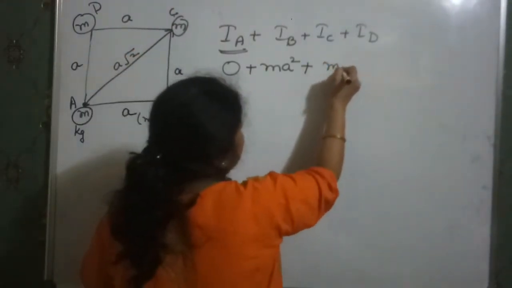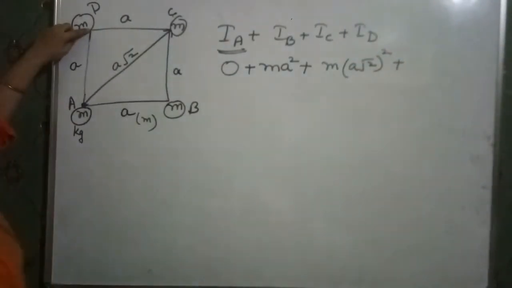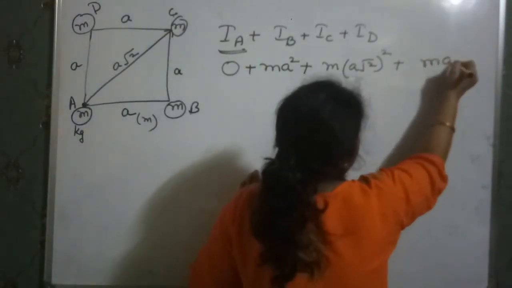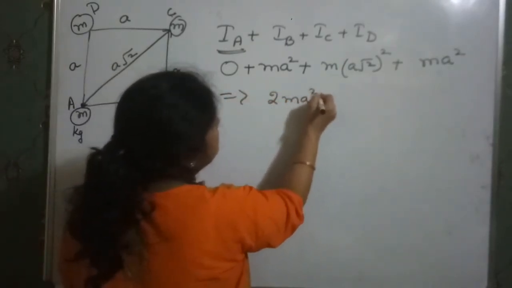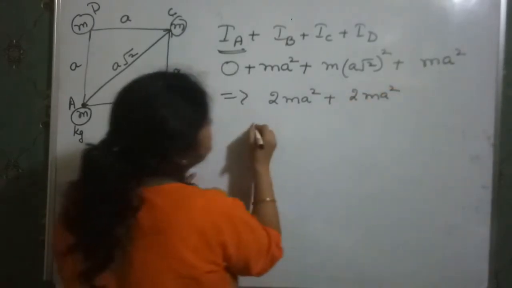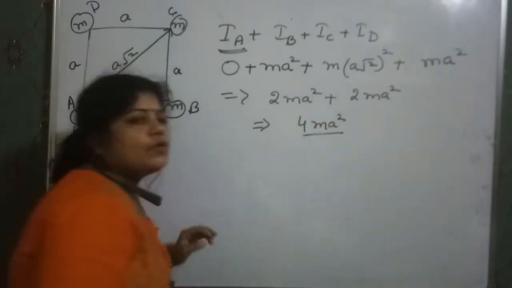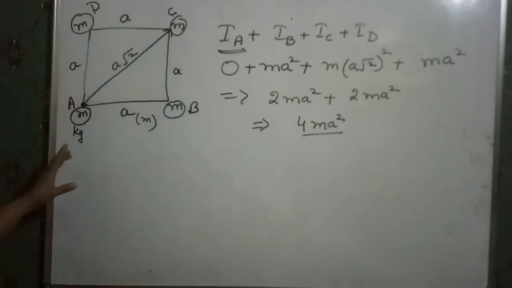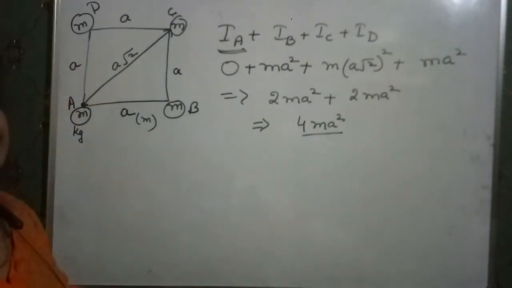So we have M a root 2 whole squared. Now for point D, the distance is a, so we have Ma squared. Clear? So we have 2Ma squared plus 2Ma squared, so we have 4Ma squared. So when the axis of rotation goes through any corner of the square, the moment of inertia is equal to 4a squared M.